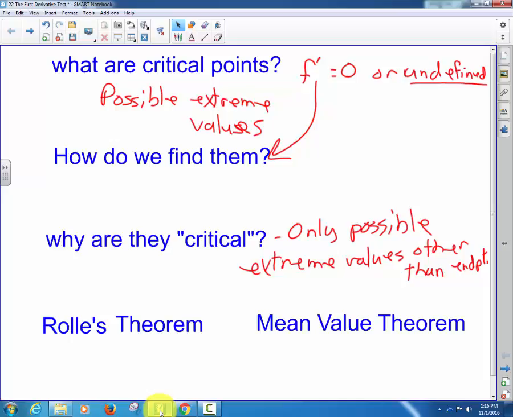That makes a lot more sense in real life scenarios because we aren't concerned about where the absolute cheapest place is to buy something. We want to know the cheapest place around here to buy something. Or we don't want to know the job that makes the most money. We want the job that makes the most money in the area that we want to live.